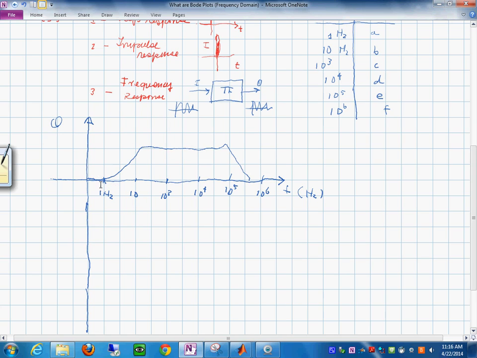And what I want you to see is that in the place where it goes flat, the input and the output are the same for this region that you see here, but not for these other ones. So you could have a situation where only in a certain region the response is a one-to-one correspondence between the input and the output. So what I'm trying to tell you is that this frequency response plot is what we call a Bode plot.